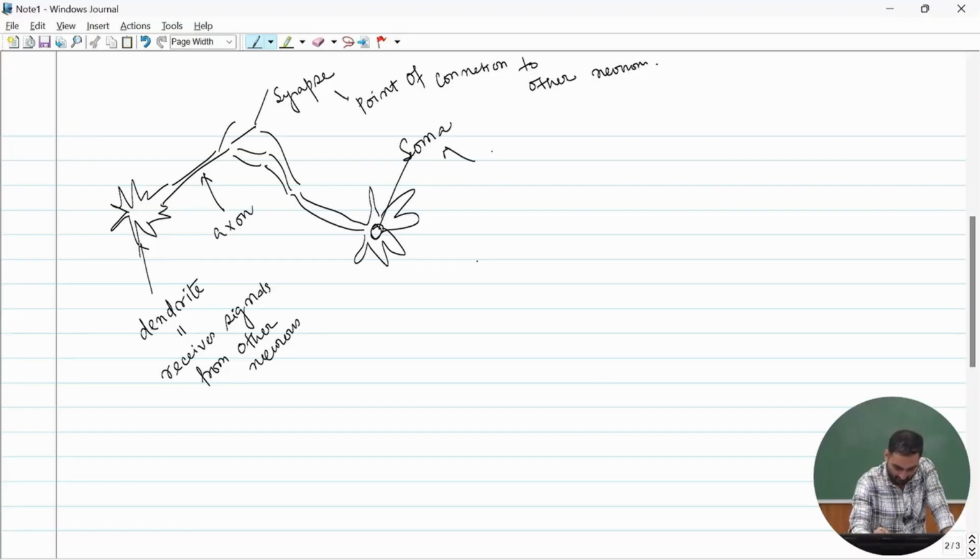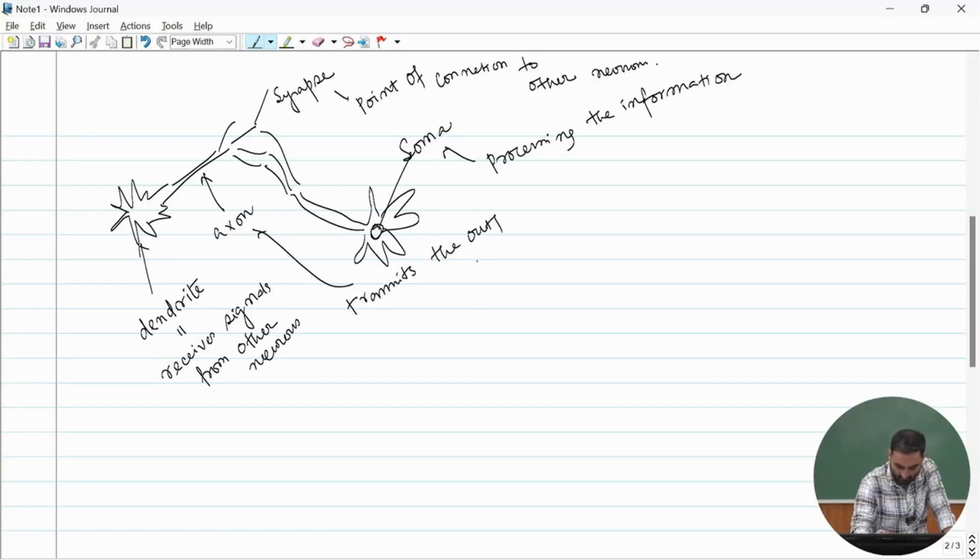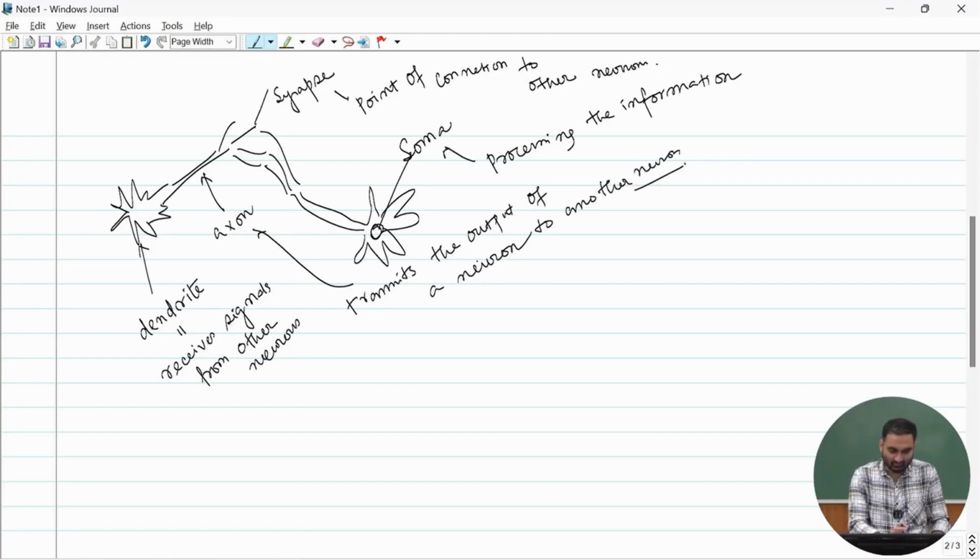Soma is essentially responsible for processing the information, and the axon is responsible for transmitting. So it transmits the output of a neuron, right, to another neuron.